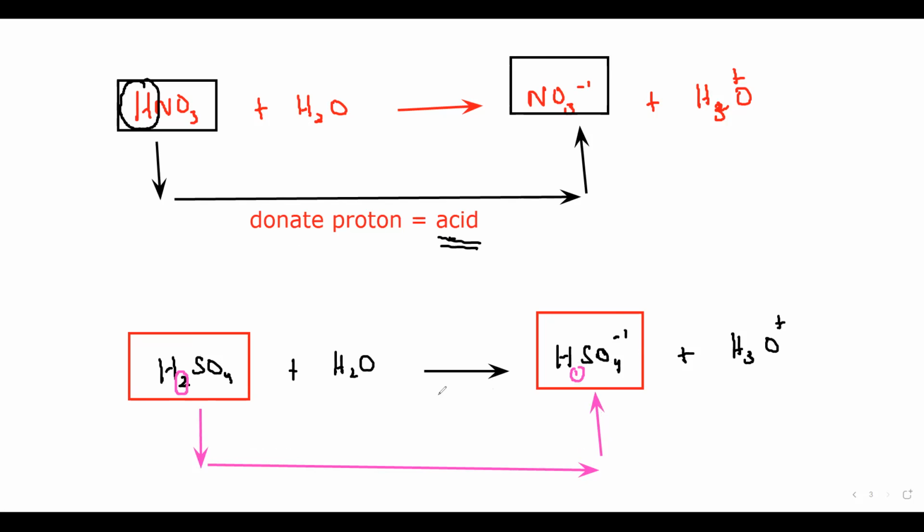So the number of hydrogen decreased, or it donated the proton, or it gave the proton. So what we call that substance, if the number of... so acid, it is donating proton.